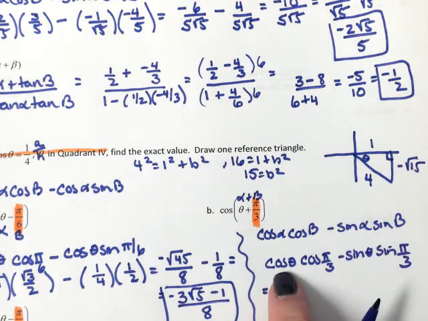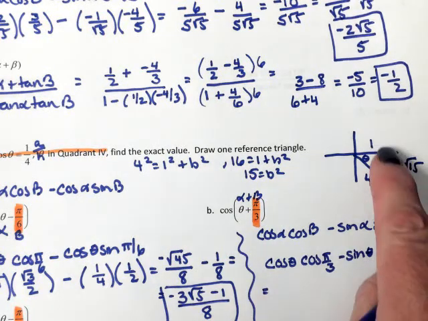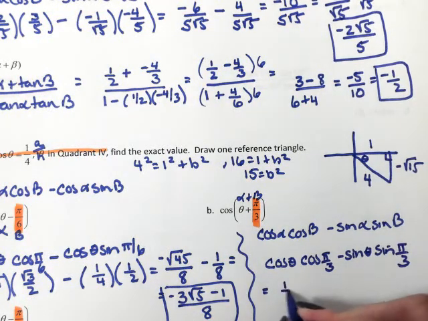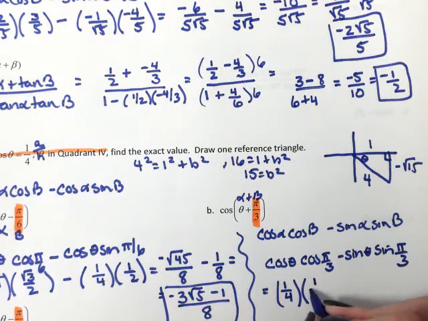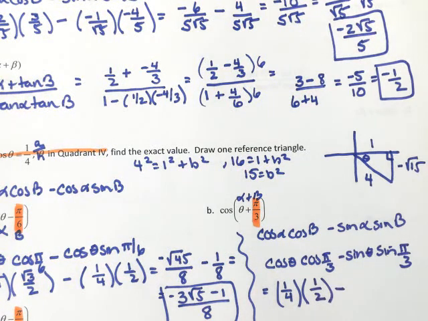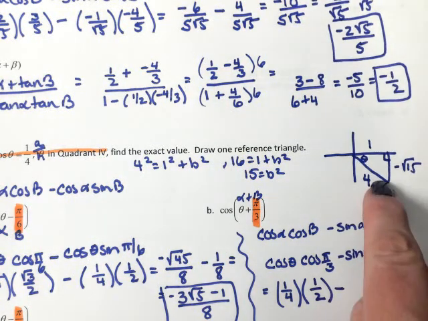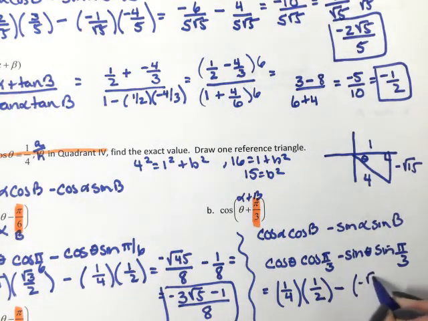So again, go to my reference triangle, cosine of theta, that's the adjacent over hypotenuse. Cosine pi over 3, that's from my unit circle, that's going to be 1/2. Sine of theta, go to my reference triangle, that's going to be my opposite over hypotenuse, that's going to be negative square root 15 over 4.